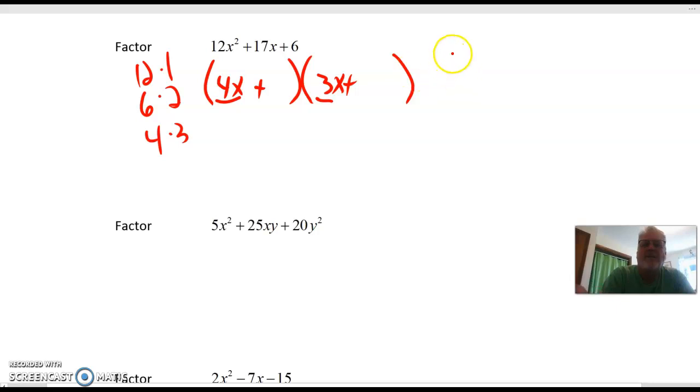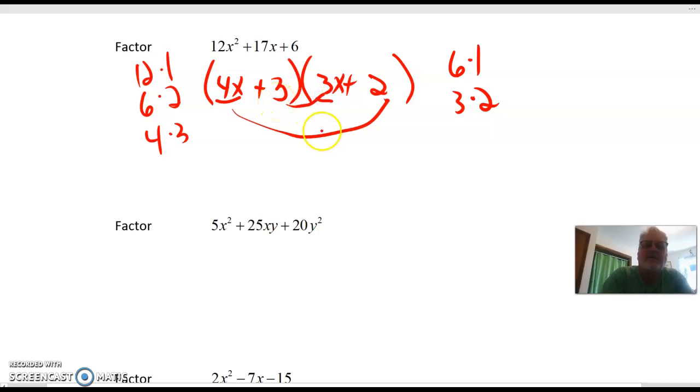For the other, I could go with 6 times 1 or 3 times 2. Once again, don't try the 6 and the 1 first. Let's try the 3 and the 2. So I'm going to put the 3 here and the 2 there. So 4 times 2 is 8, and 3 times 3 is 9. This gives me 8x, and this gives me 9x. 8x and 9x makes 17x. So I know I did it right.